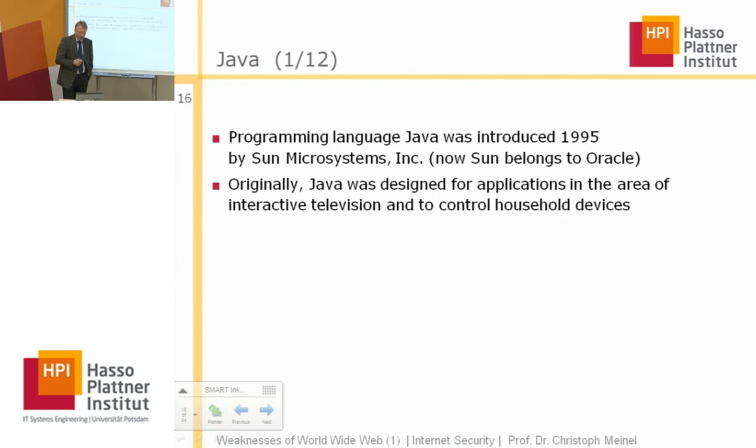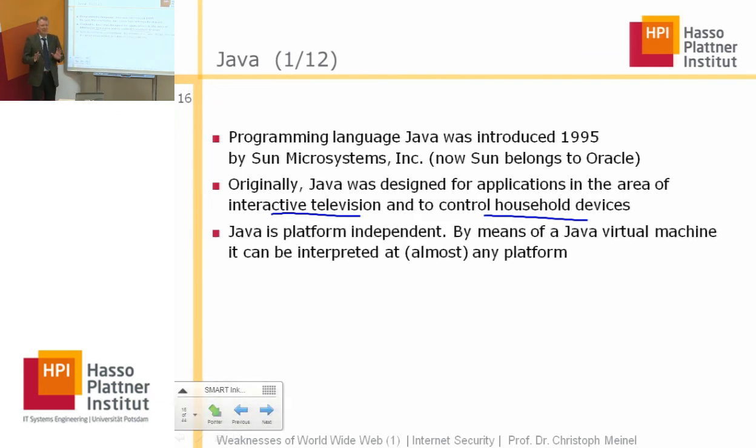Originally, Java was designed for application in the area of interactive television and to control household devices. So it was not designed originally for the World Wide Web. It was designed by the electronic consumer industry to provide means for the user for interactive use of TV and for controlling household devices.